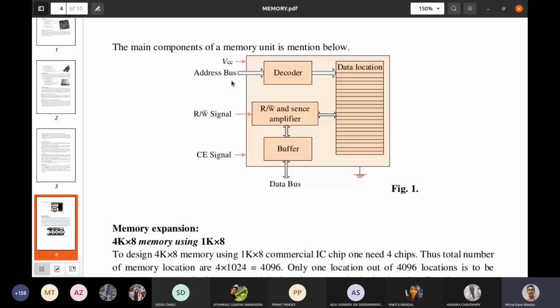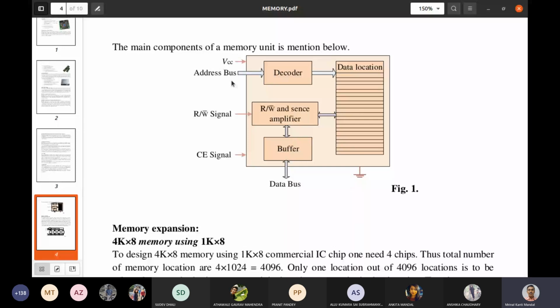So it is active in write bar, that means when the signal is low, that is 0, and read will be active when it is 1, that is high. So the read write and sense amplifier will sense whether the user wants to read or write, and accordingly it will perform the operation.